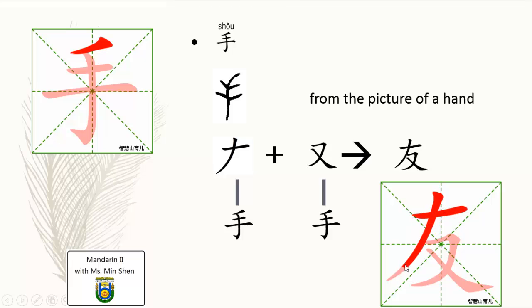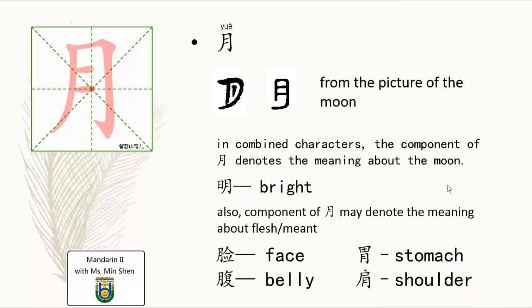That means one hand in another hand, right? Because this is a frame, one in another. That means friendship, holding hands. So friends, 朋友的友, right? This is the 友 in the word 朋友.